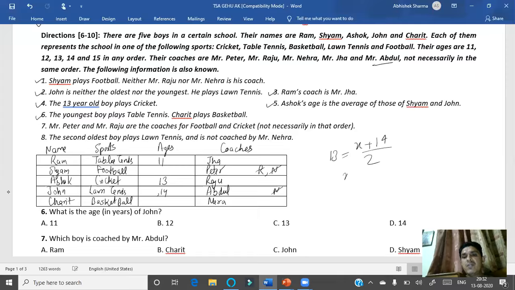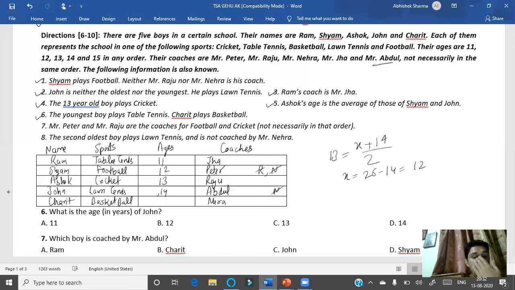So for the value of X, this will be 26 minus 14, and this will be 12. So this is very definite that Sham's age will be 12 years, and we are left with one age, that is Charit. So Charit's age will be 15 years, right?